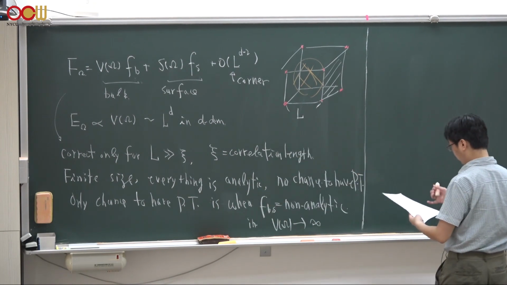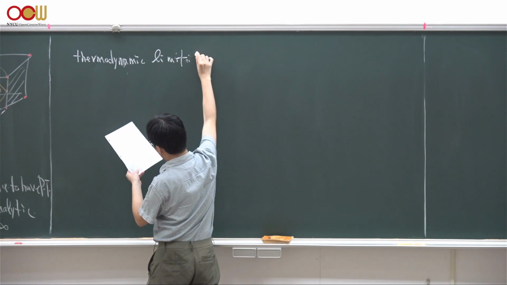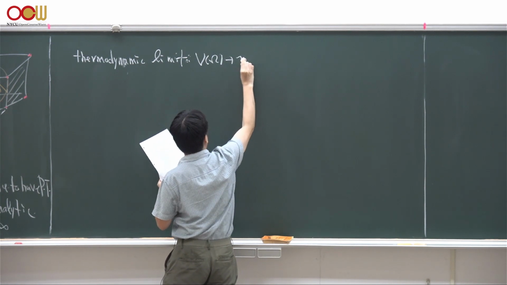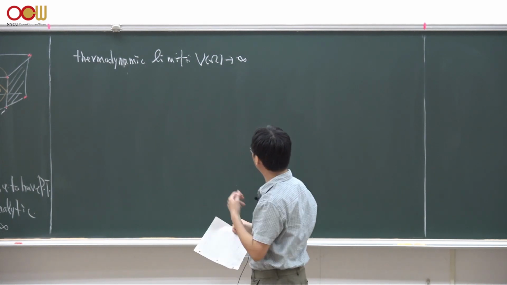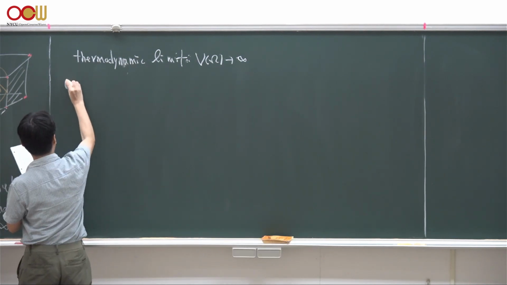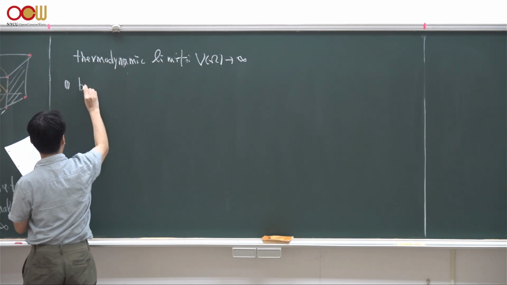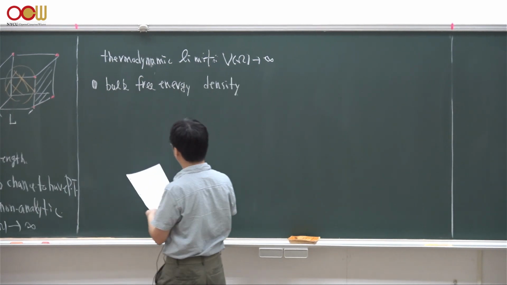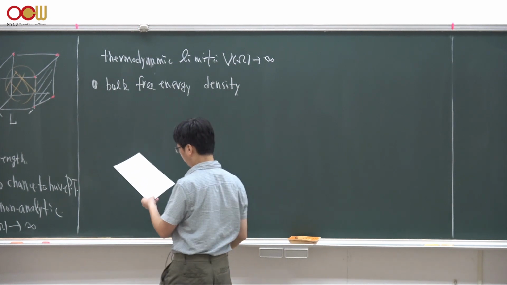So let's define the thermodynamic limit. Naively, this simply tells us that the volume of the system goes to infinity, but this is just a zeroth order definition of the thermodynamic limit. The more accurate definition is that the bulk free energy density and the surface free energy density are well defined and are independent of the volume or system size.